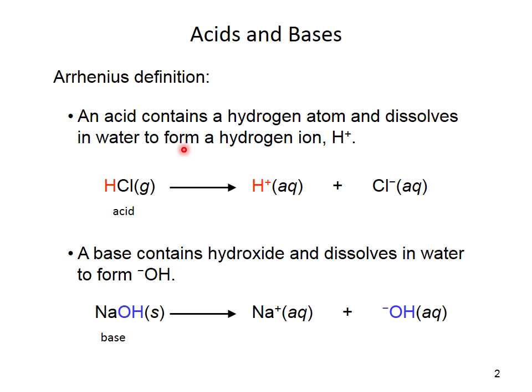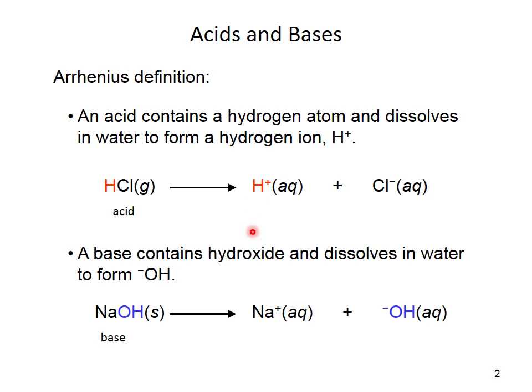There's a more general way of recognizing an acid, and that is by what it does. There's this Arrhenius definition. The name Arrhenius is not important, but what is important is that an acid produces the hydrogen ion in solution.